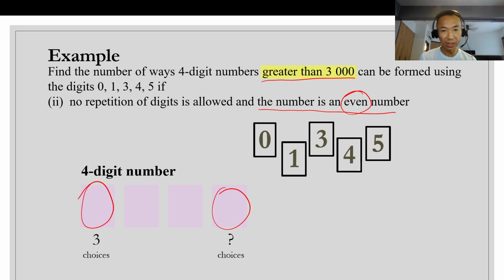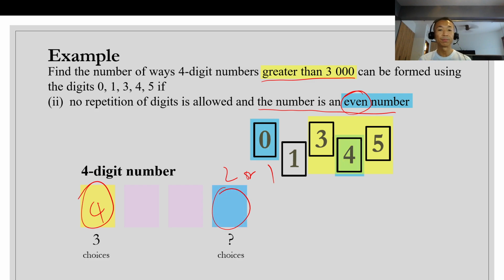So we have a slight problem here, because if you have chosen, for example, a 3 here, your last digit can be either a 0 or a 4. But suppose you have chosen a 4 here, then for your last digit you only have one choice, which is a 0. So should this be times 2, or times 1? Follow what I'm saying?